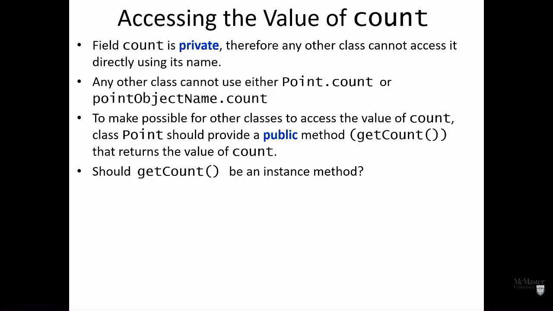You want to get the value of count, right? But think of the two situations. You either define it as static or just an instance method. An instance method you just create when you create a new object. Count exists all the time. If you define it as an instance method, it exists only if you define an object, and it's associated with a certain object.